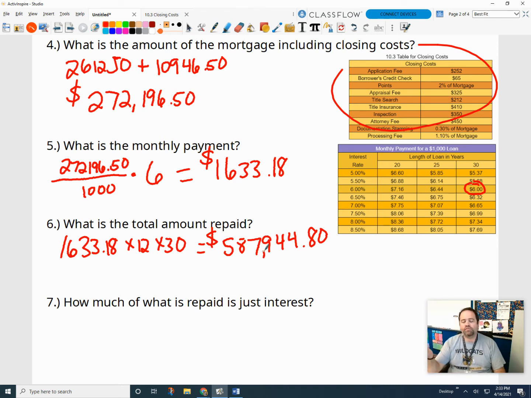Now, what we've talked about in the past is how much of that is interest. He only borrowed this amount here in number 4, but he paid back this amount here in number 6. So to figure out how much of it is interest, I'm going to subtract the two.